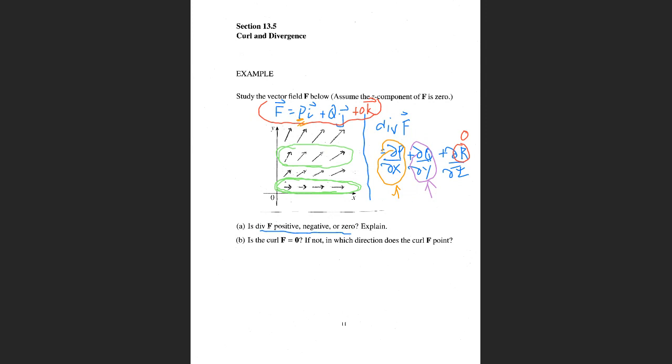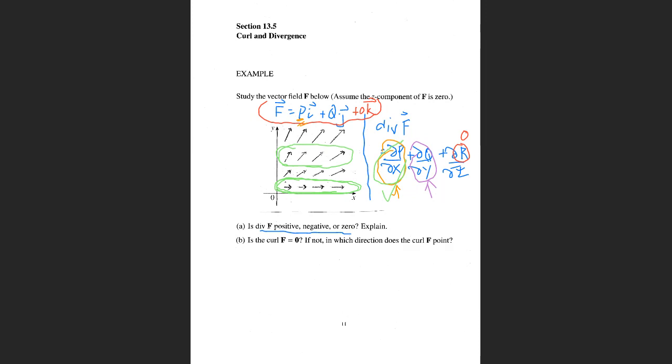So I'm going to just go across, right? When I look at the vector field to determine this first partial derivative, partial of P with respect to X, I'm going to focus on how the vector field behaves, just focusing on moving across the vector field in the positive X direction.